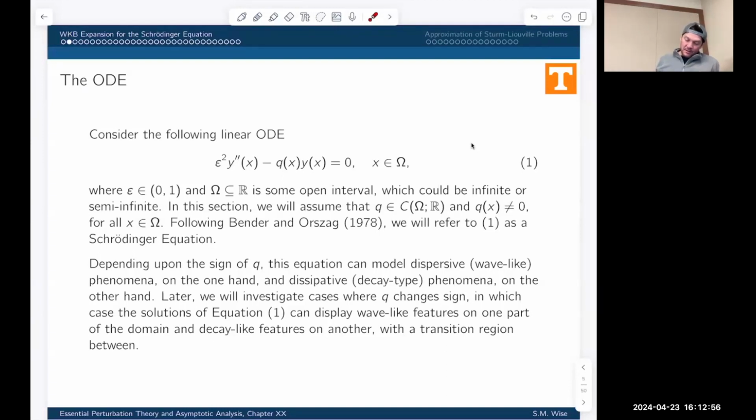It kind of has the structure of an eigenfunction problem, which we'll discuss momentarily when we start talking about Sturm-Liouville problems. But for now, we think about epsilon as again being a small parameter. Q is a function which depends only on x, and y is the function that we want to solve for. Q is a known function.